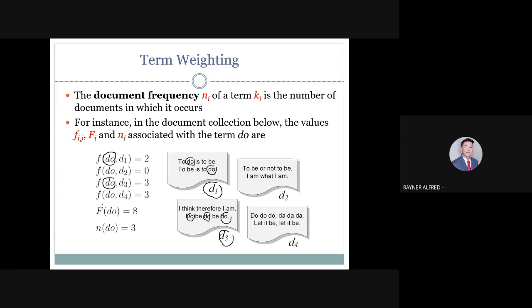And the total frequency of do in all of the documents will be the total of this one. And the number of documents that consist of do will be 3. So we have 1, 2, 3. Document 1 we do not have the do. Can you understand?